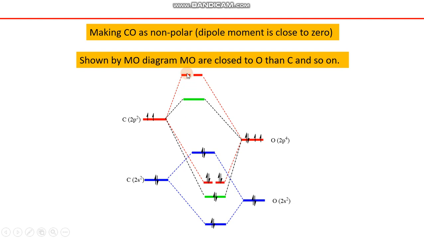Molecular orbitals have been categorized on the basis of energy. The orbital which is highest and occupied is designated as HOMO. HOMO means highest occupied molecular orbital, highest in terms of energy.